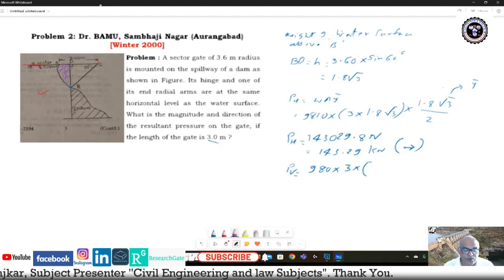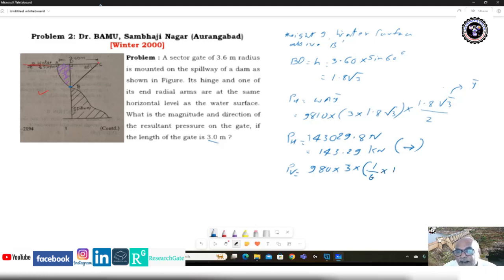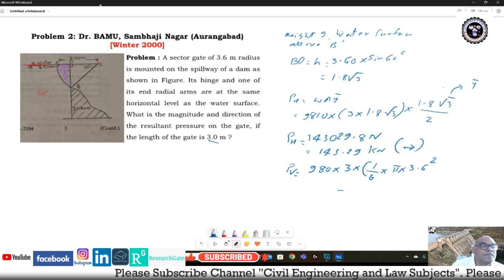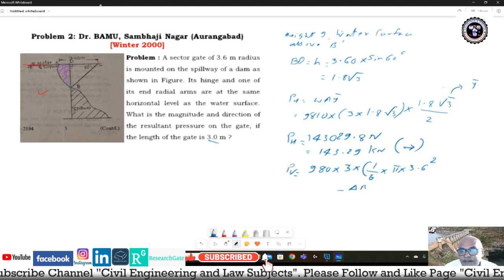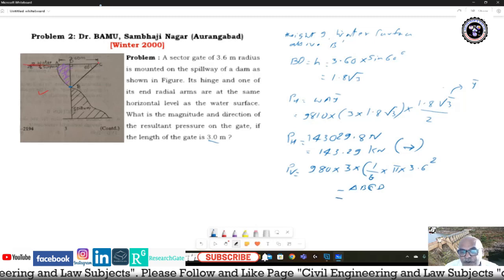It is a sector gate of 60 degree, so 1/6 part of the circle, into pi r square area, that is 3.6 square, minus the triangle BCD.